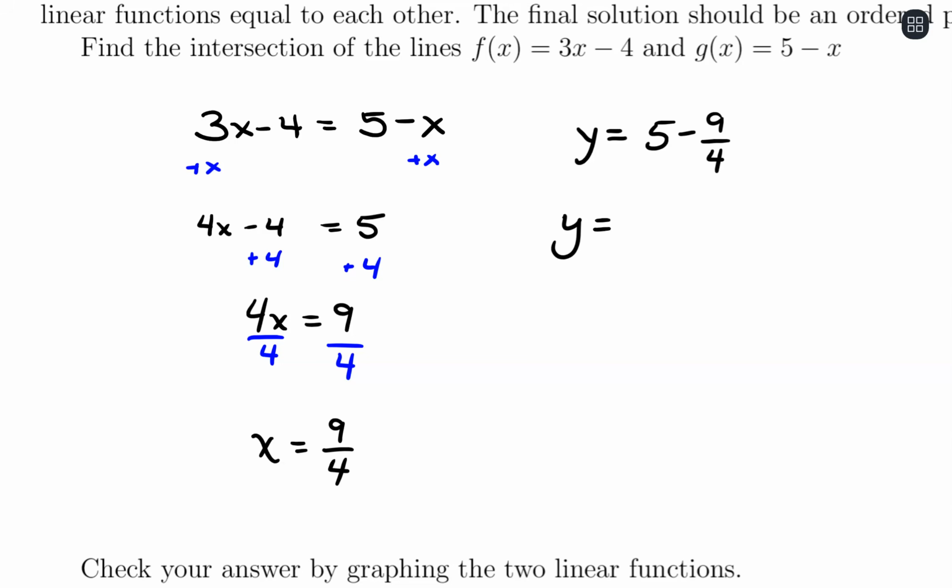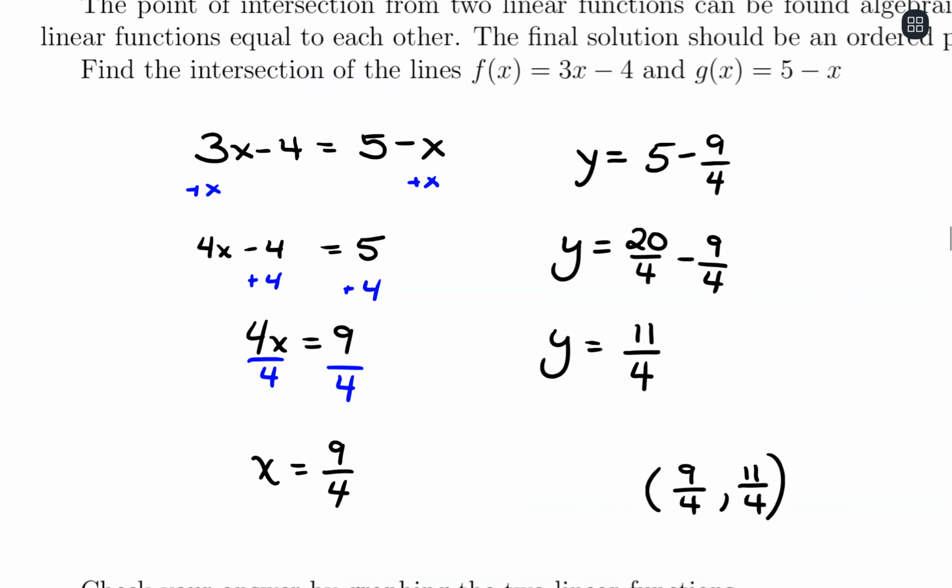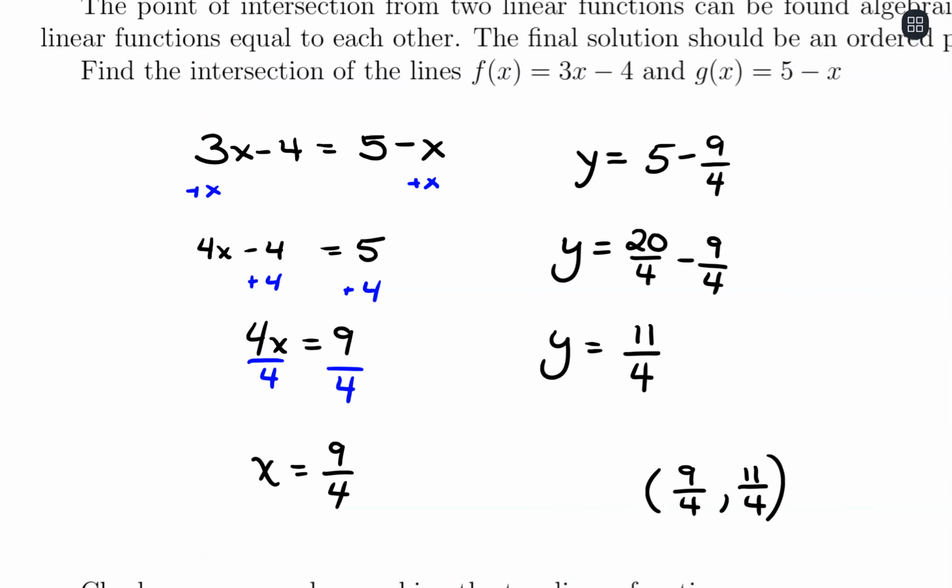Need to do a little fraction work here. Let's see, 5 is the same thing as 20/4 minus 9/4. So 20 minus 9 will be 11 over 4. So our answer is the coordinate 9/4, 11/4.